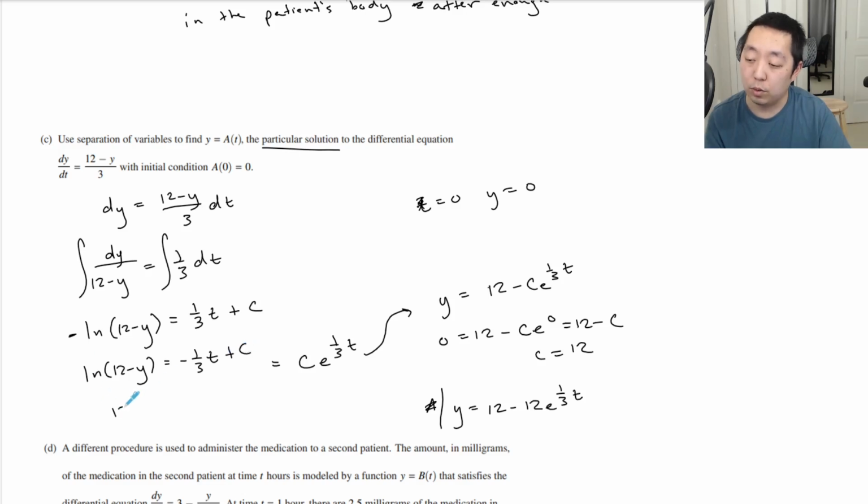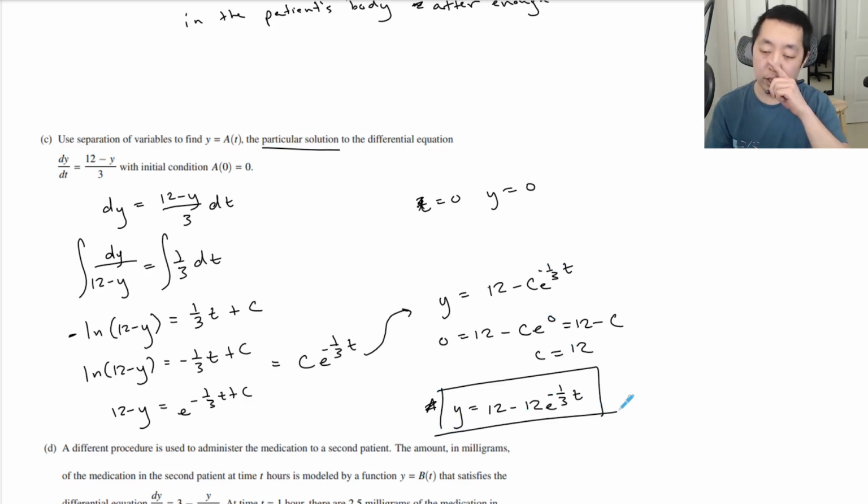Then 12 minus y is equal to e to the minus 1/3 t plus c, so the exponent becomes negative here, and everything else is the same. Okay, awesome. That makes more sense. That's what the solution should look like.